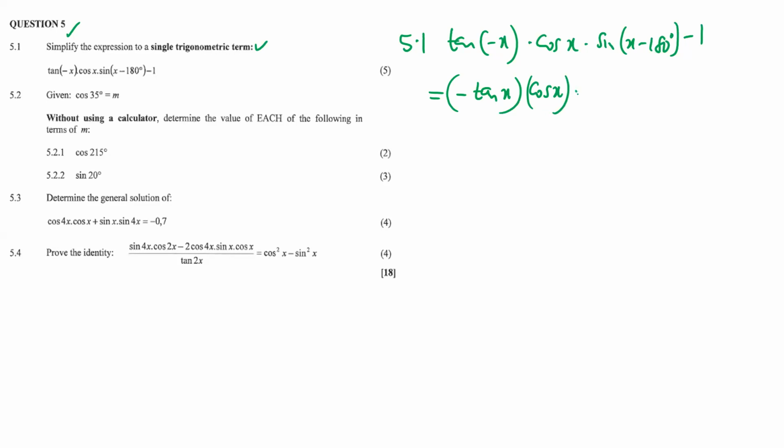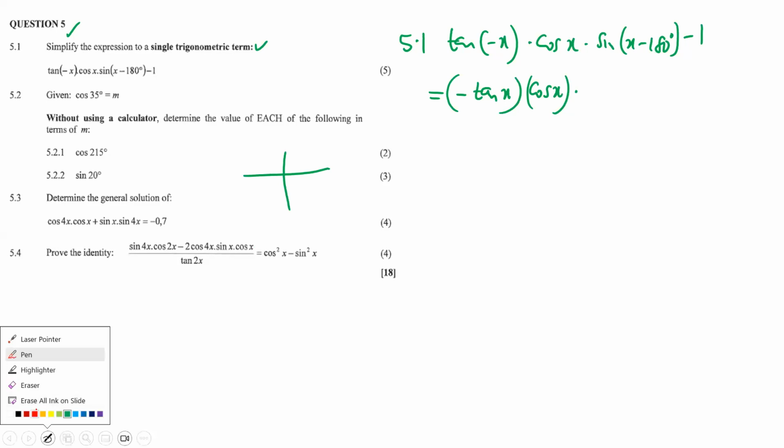In which quadrant is x minus 180? It is the negative angle minus 180, and x you can imagine is a positive acute angle. So this here is actually in which quadrant? Let's just discuss this.